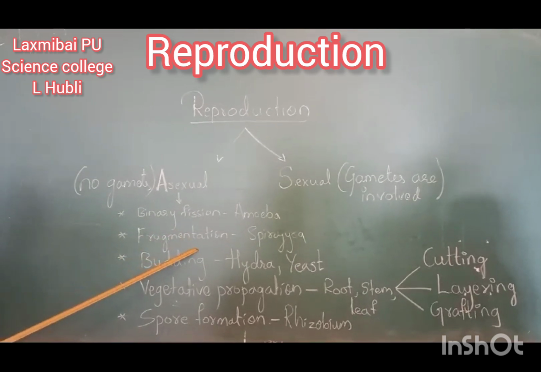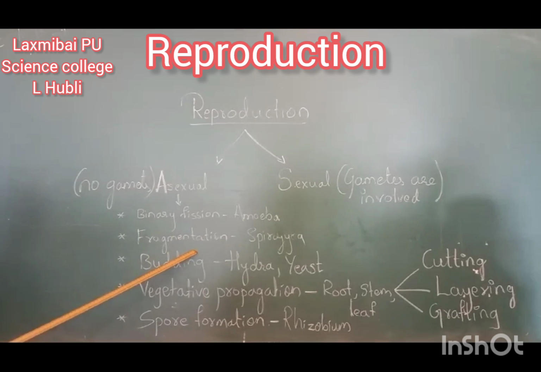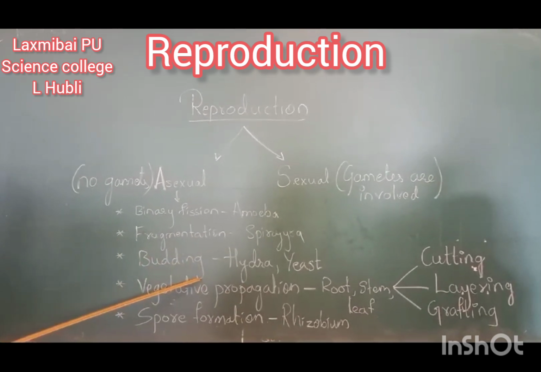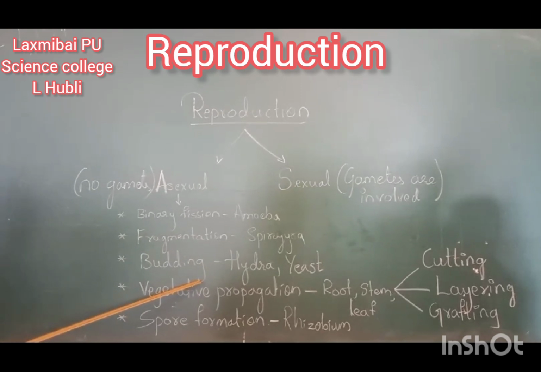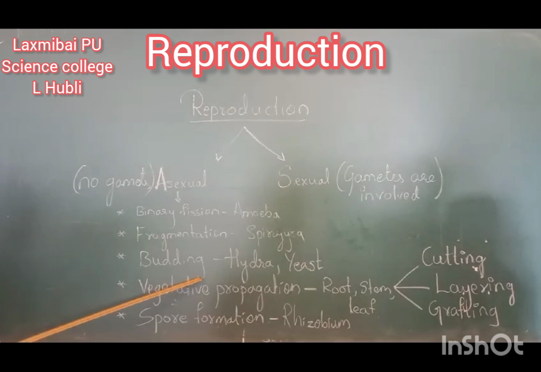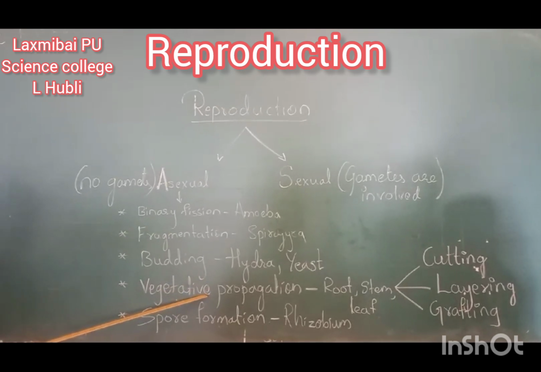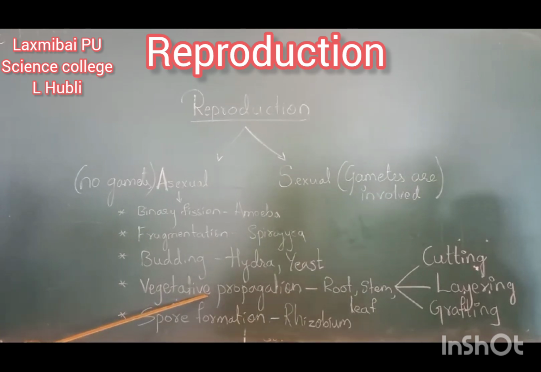Next we have fragmentation, formation of fragments. Next we have budding, where one organism produces a small bud. When that bud matures, it detaches from the parent cell and grows into a new individual. Next, we have vegetative propagation. Under vegetative propagation, it can be from the root, from the stem or from the leaf.